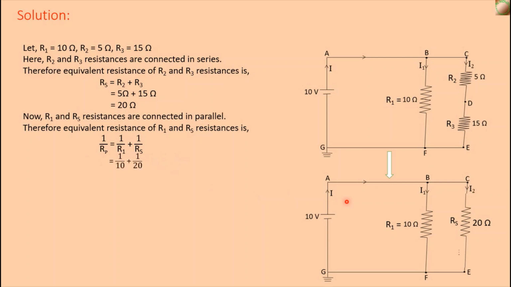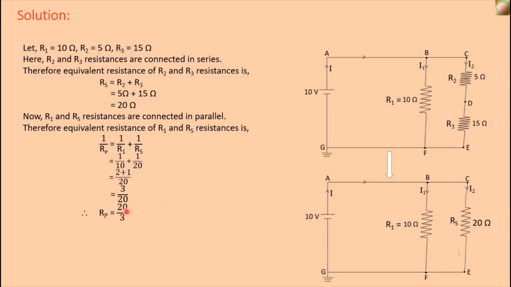Now the value of R1 is 10 ohm and the value of Rs is 20 ohm. The LCM of 10 and 20 is 20, so we get 2 plus 1, which is equal to 3 divided by 20.